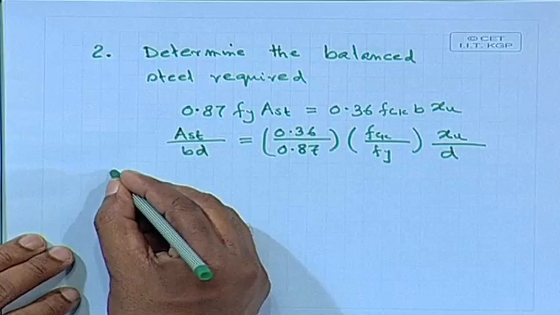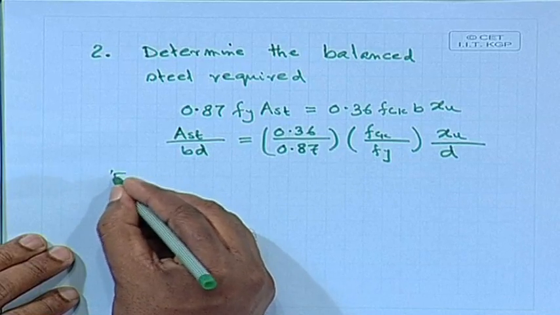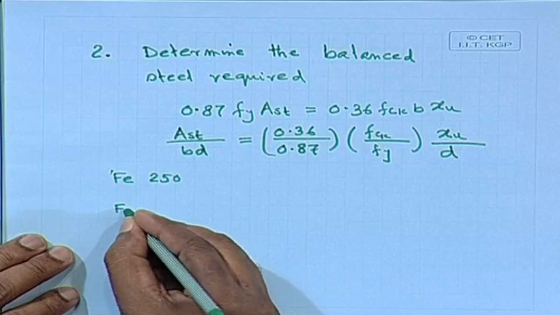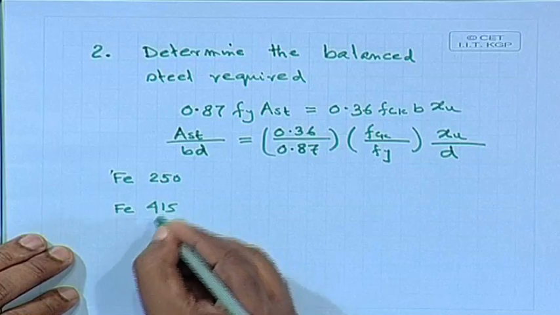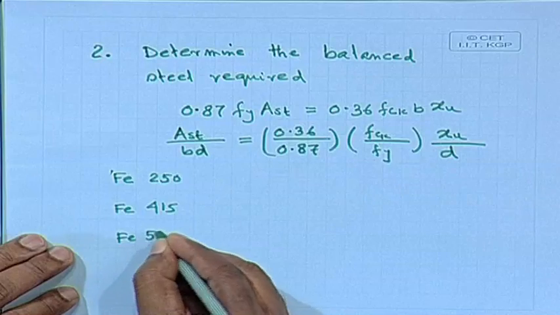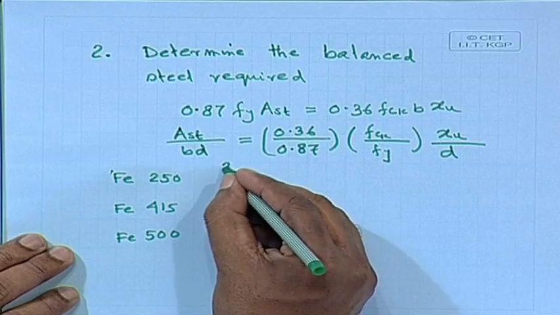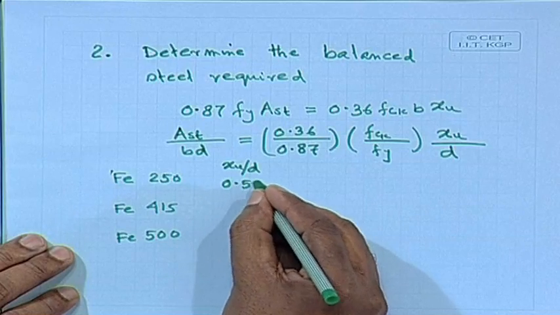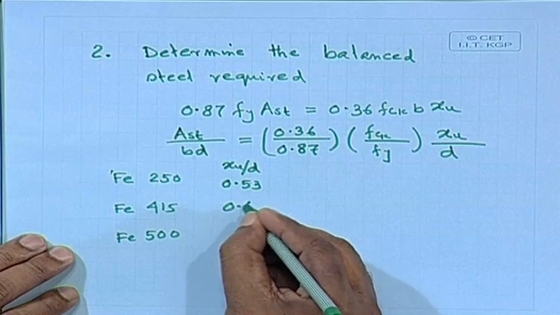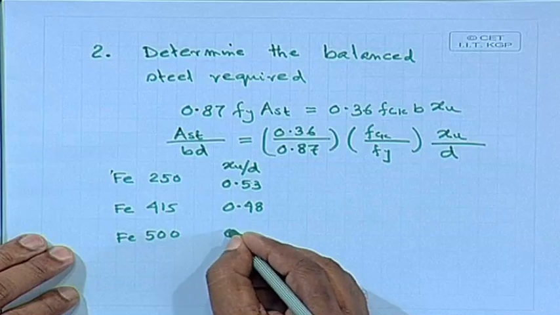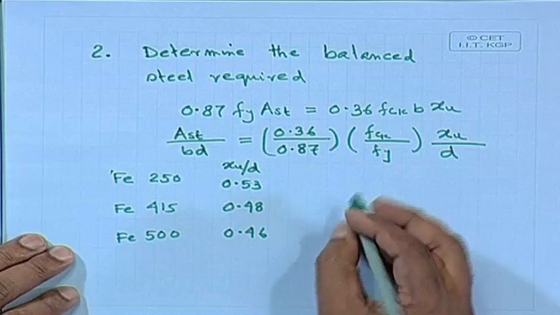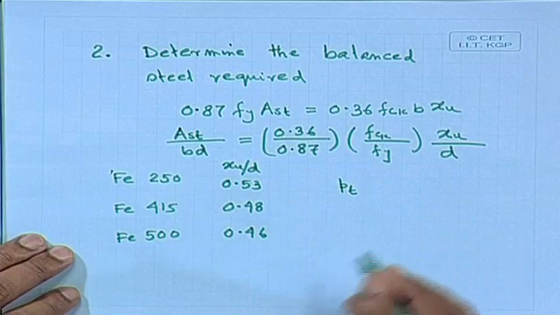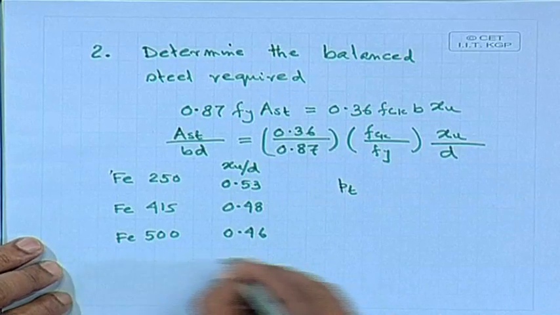Let us repeat. Fe 250, Fe 415, Fe 500: xu by d is 0.53, 0.48, 0.46. Pt. What is Pt? In other words, Ast.